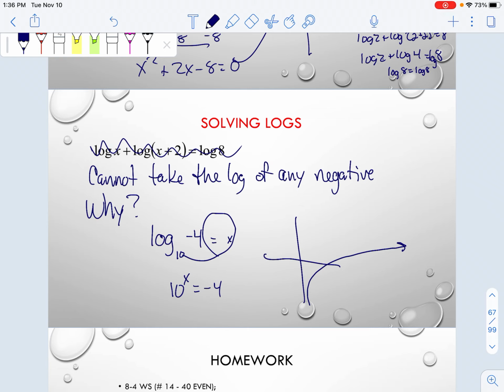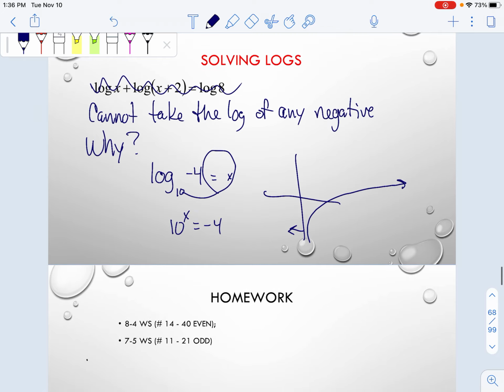No matter what you do, unless you shift this to the left, which our problem is not doing, we will never be able to take the log of any negative. We can discuss that more in class and go over examples of that.